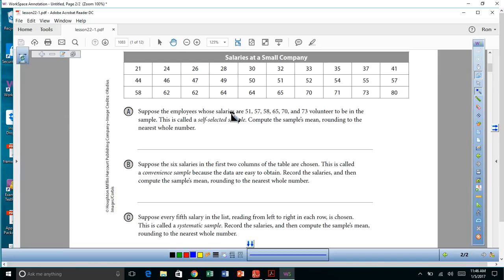Suppose the employees whose salaries are 51, 57, 58, 65, 70, and 73 volunteer to be in the sample. This is called a self-selected sample. Compute the sample's mean, rounding to the nearest whole dollar.